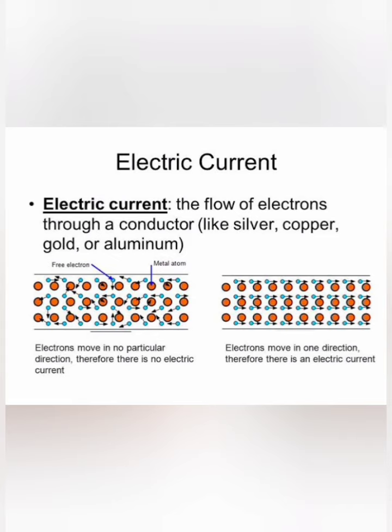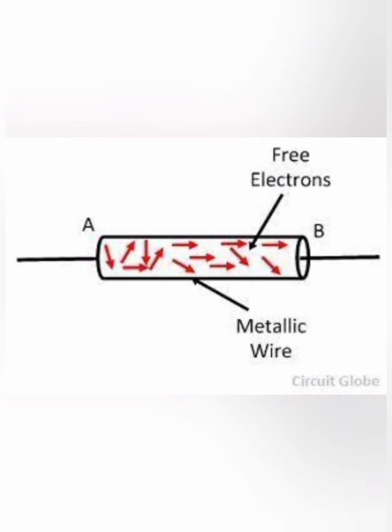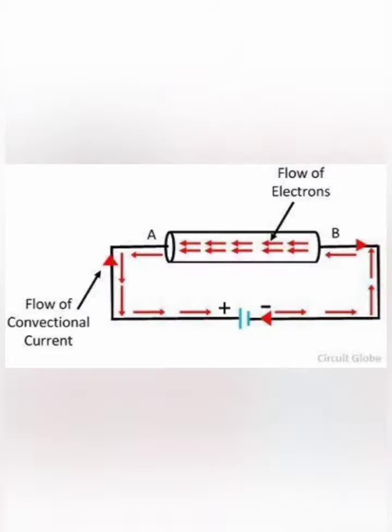When electric pressure or voltage is applied in a metal, the free electrons, which are negatively charged, will start moving towards the positive terminal round the circuit.